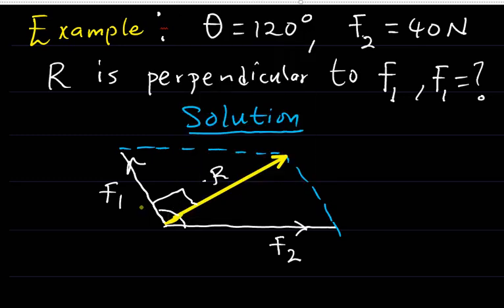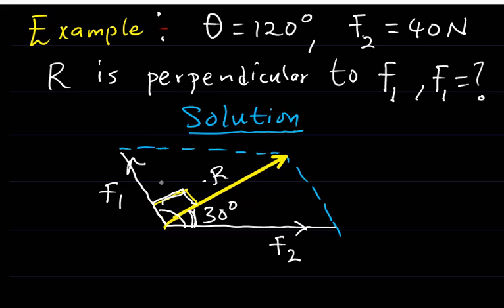That means the angle between the smaller force and the resultant is 90 degrees. If this is 90 degrees, then this angle is going to be equal to 120 minus 90, and 120 minus 90 is 30 degrees.